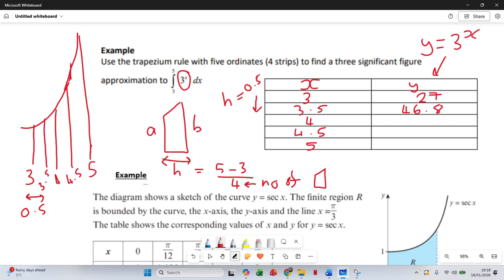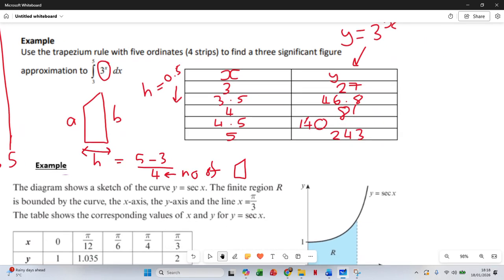So this is 3 to the power of 3.5, 46.8, then 3 to the power of 4, which is 81. So I'm just literally substituting the x values in. Then 3 to the power of 4.5 is 140. Sorry, I'm just going to write it here so it doesn't overlap. And then 3 to the power of 5 is 243.